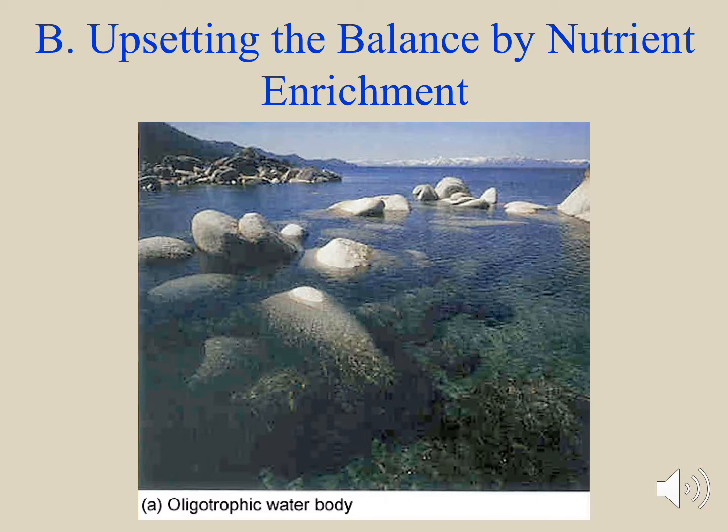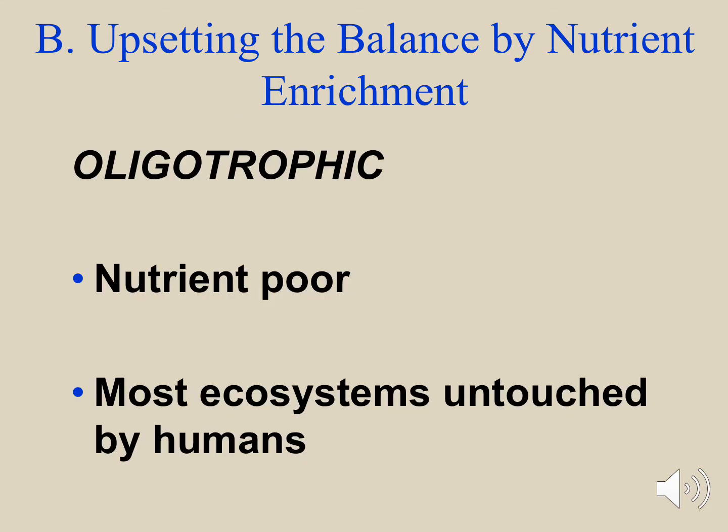So again, oligotrophic conditions can be defined as being nutrient poor. And if you're going to see an oligotrophic lake, you're going to find that there has been minimal input by humans into these water bodies. Most ecosystems untouched by humans are also oligotrophic in nature.